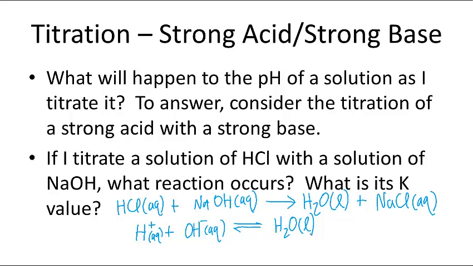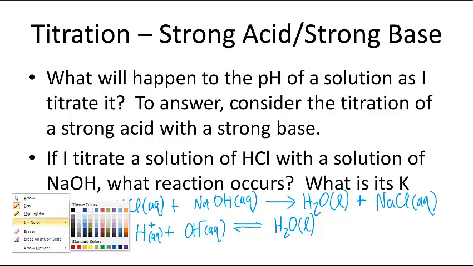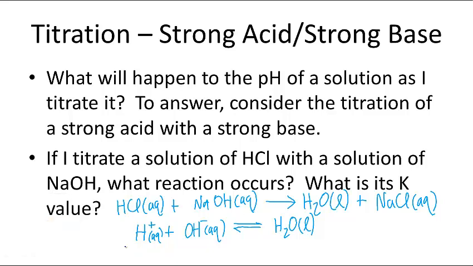Kw was when water splits up into H plus and OH minus. So this is the reverse of the Kw equation. So K for this reaction is going to equal 1 over Kw, which is going to be 10 to the positive 14th at 25 degrees Celsius. So K is 10 to the positive 14th.